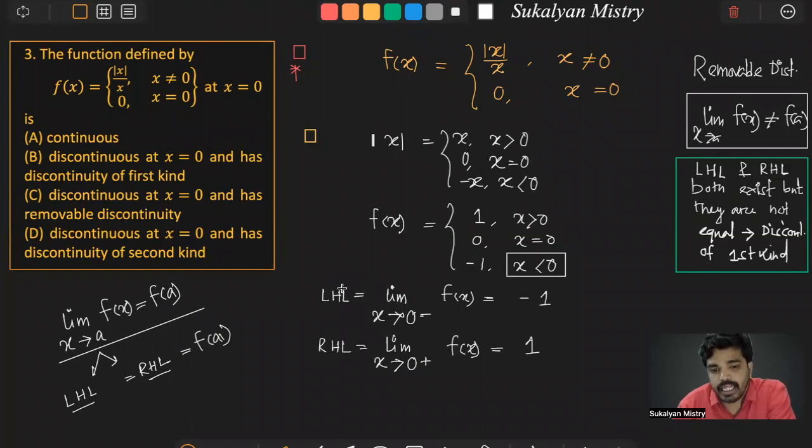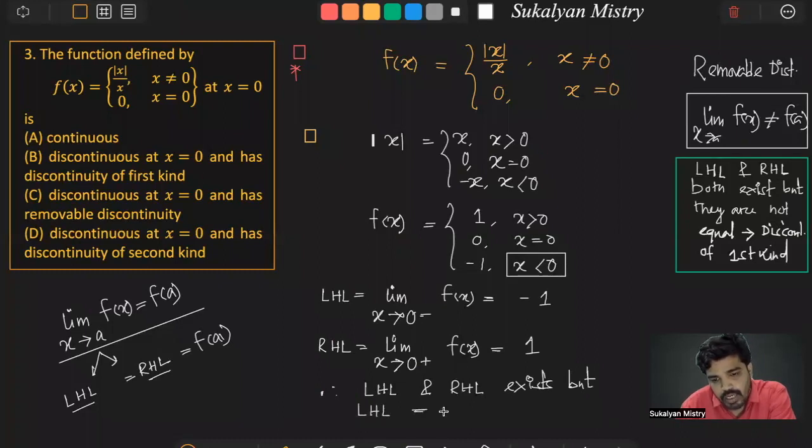So we see that left hand limit and right hand limit both exist, but they are not equal. Therefore, left hand limit and right hand limit exist, but left hand limit is not equal to right hand limit.